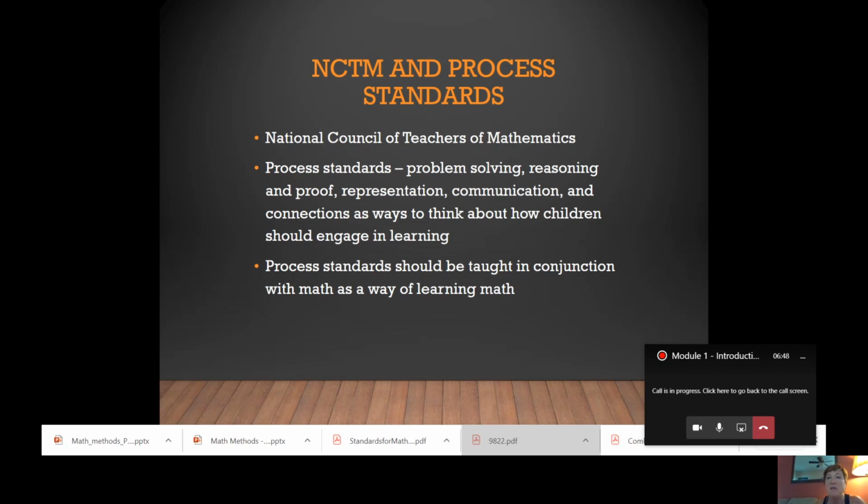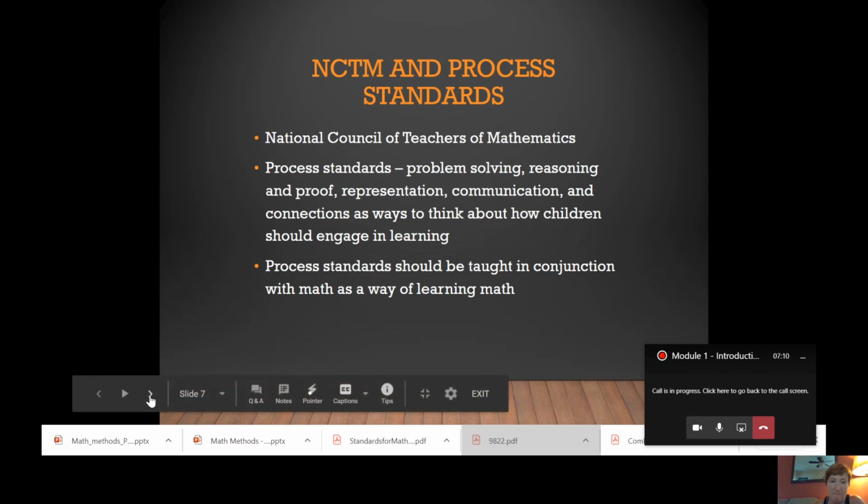So the process is problem solving, reasoning and proof, representation, communication, and connections. And these are all ways to think about how children should engage in learning math. So again, we'll talk about these things, these processes that we can develop in our students.